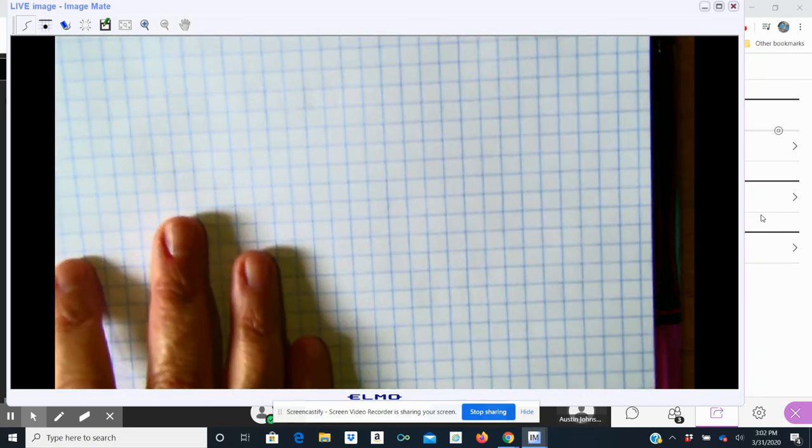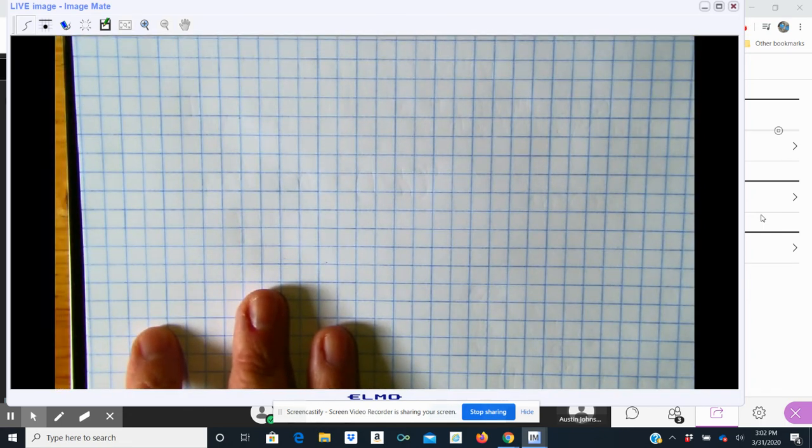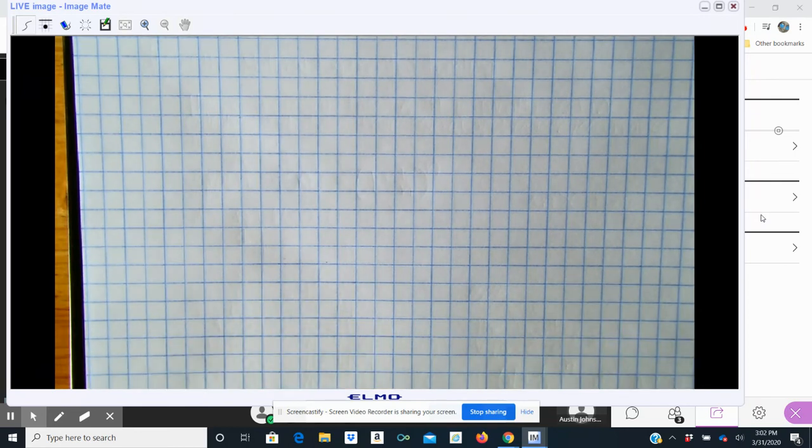Okay, so we started with 4.1 and logarithmic functions yesterday. Was there anything on that material that you had an issue with or had a difficult time with? Anything you would like for me to go over again?